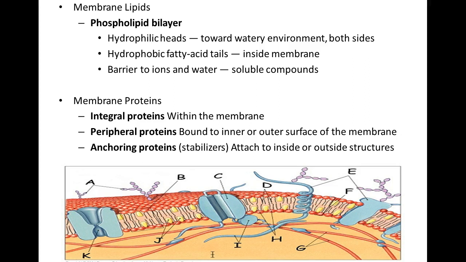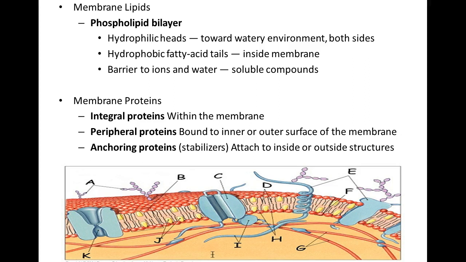The hydrophobic fatty tail inside the membrane, and you can see that here. If you look at, I guess the letter J is pointing to the membrane, doesn't like water. So you have water being attracted to the surfaces of the membrane, but not going through the membrane. It's a barrier to various items, ions and water and other compounds that it becomes a barrier for.